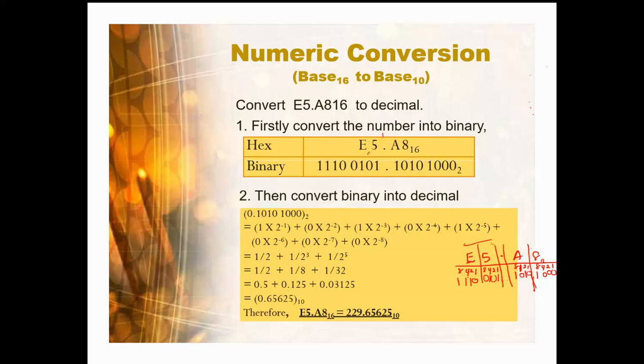This 5 is from here, E is this, A is this, and 8 is this. Okay, alright. So you got the binary number.